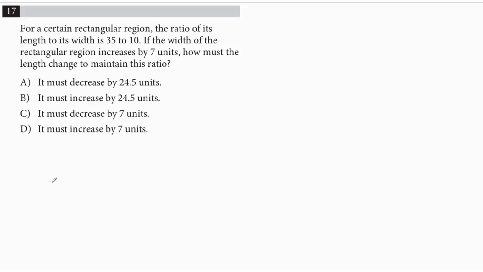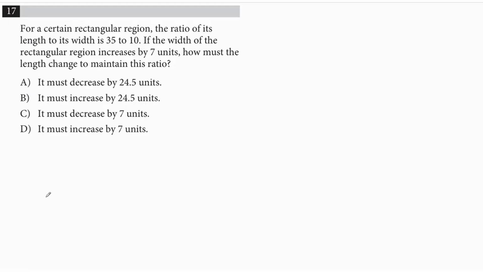So here is the problem number 17 from practice module 4 on the practice SAT test. For a certain rectangular region, the ratio of its length to its width is 35:10. If the width of the rectangular region increases by 7 units, how must the length change to maintain this ratio?